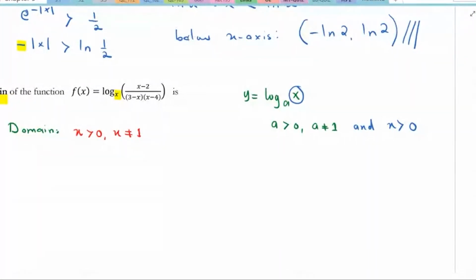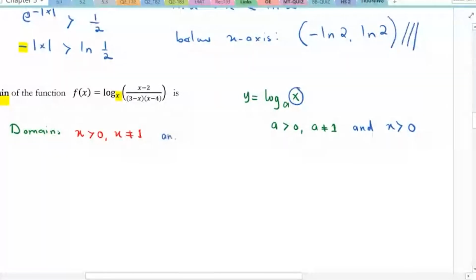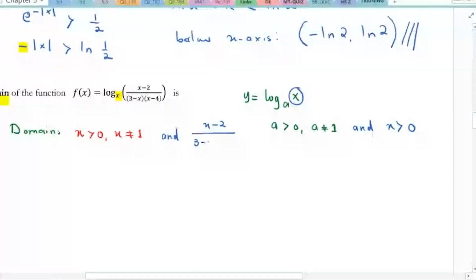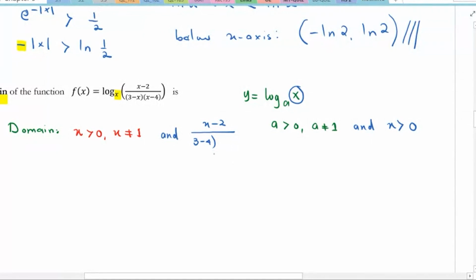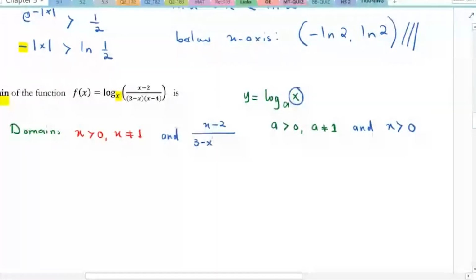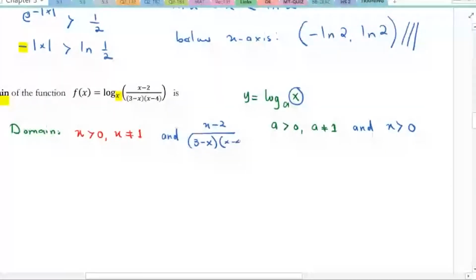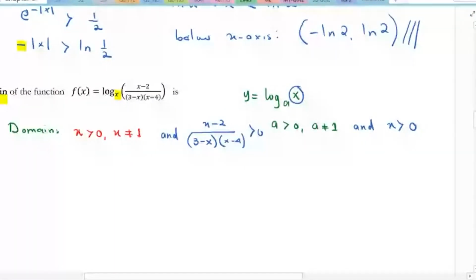And then the second condition, the argument, (x minus 2) divided by (3 minus x) multiplied by (x minus 4), should also be greater than 0. This should also, gentlemen, be greater than 0.